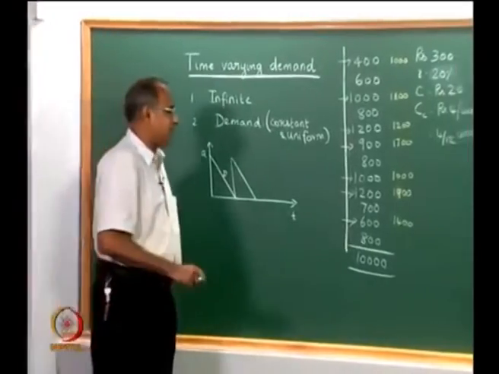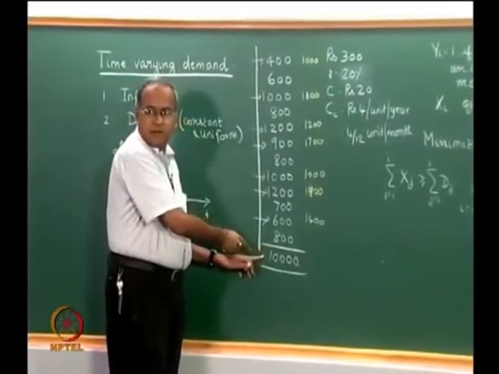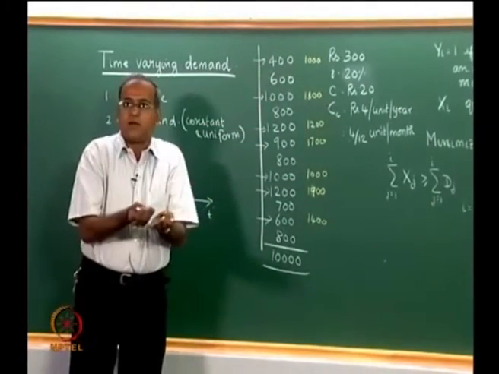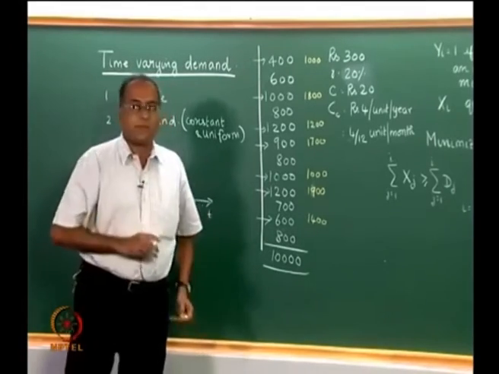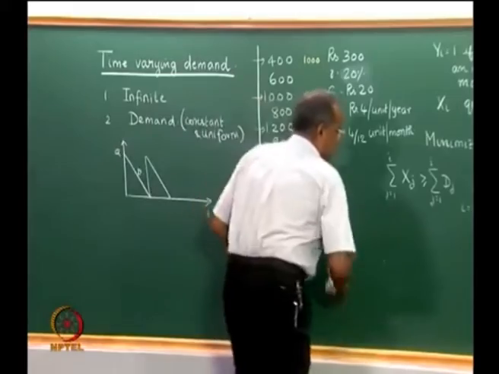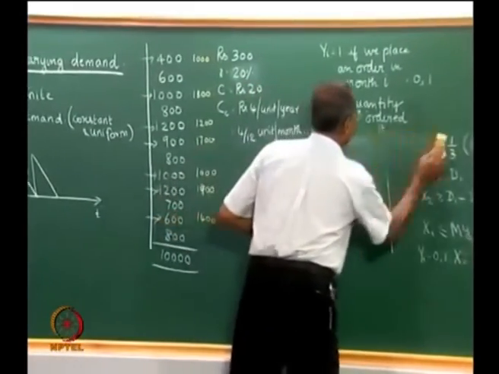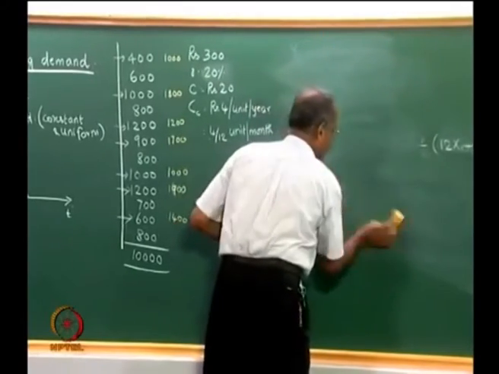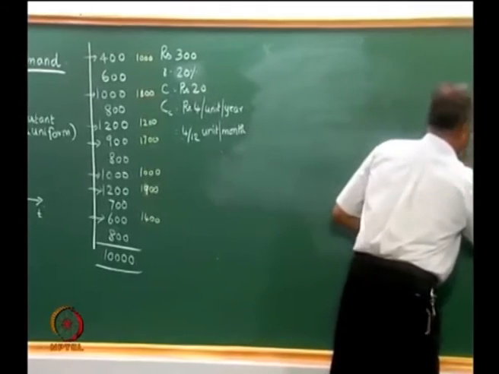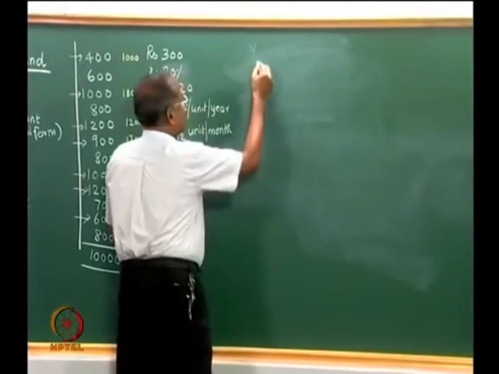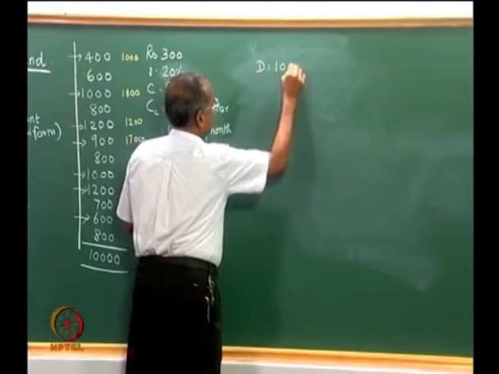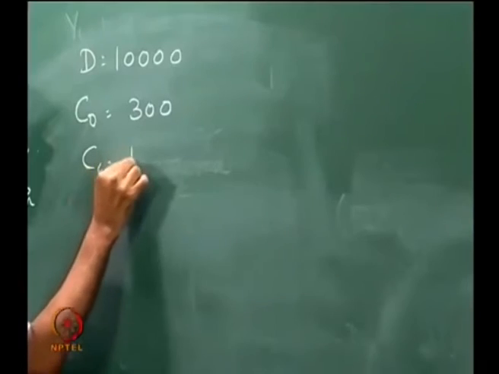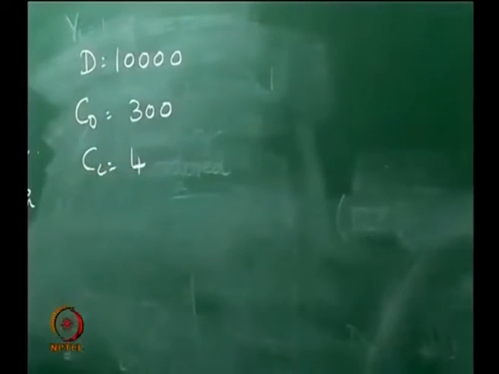Now just in case we have taken this 10,000 as the annual demand and then use the economic order quantity formula to find out the economic order quantity and the associated total cost, what happens. So we could write D equal to 10,000, C naught equal to 300, Cc equal to 4 per unit per year.